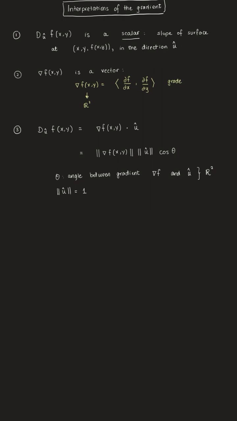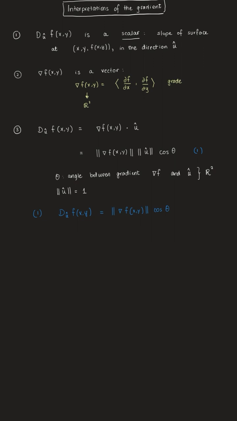So we know that the magnitude of u is 1, which means that if we come back to this equation, let's give it a little 1. If we come back to 1, we have that our directional derivative equals the magnitude of the gradient times the cosine of the angle between the gradient and the unit vector.